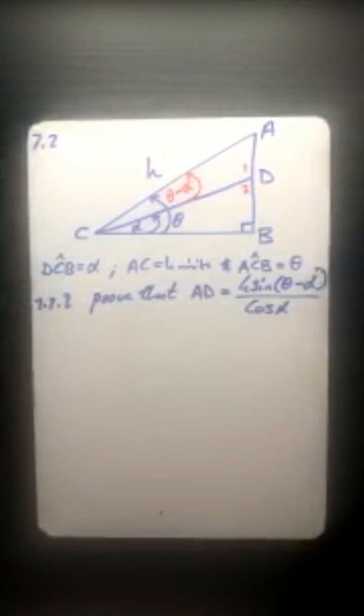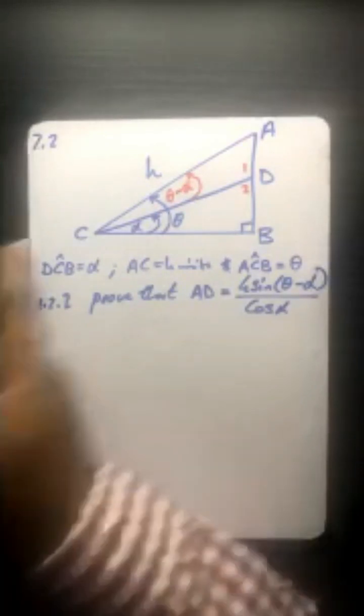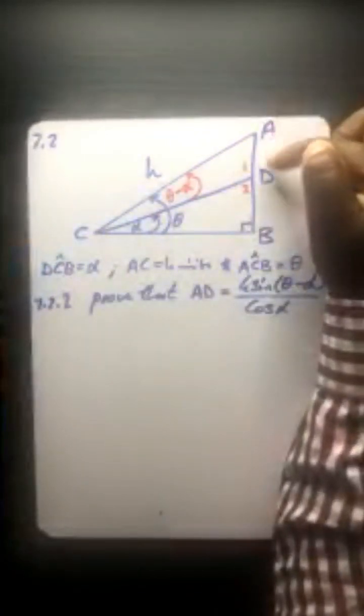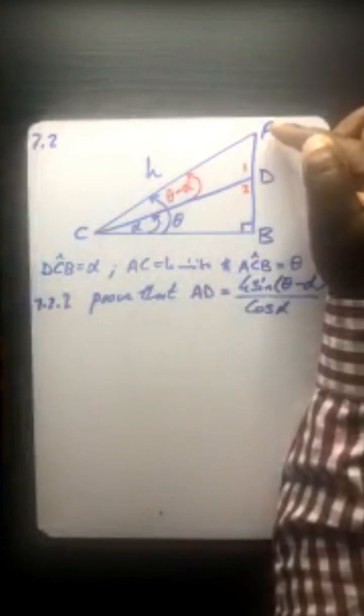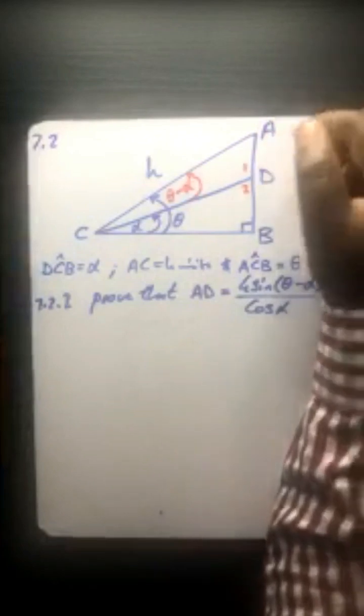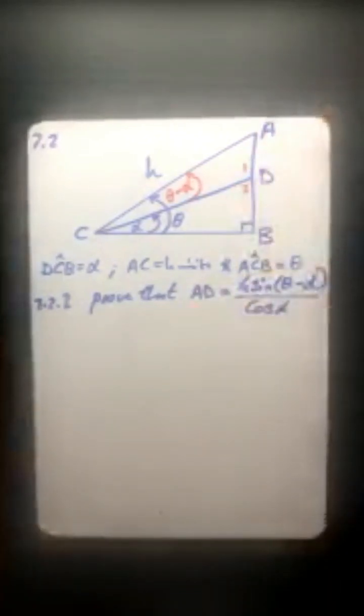Anyone would like to give it a try? Prove that AD, remember AD is that one there. So they want us to prove that AD is actually equal to the whole of that.